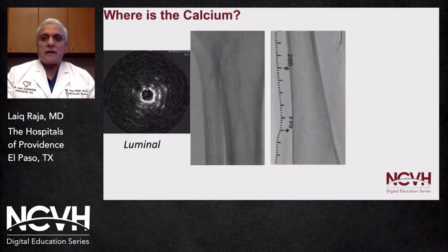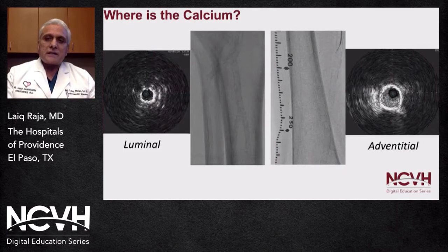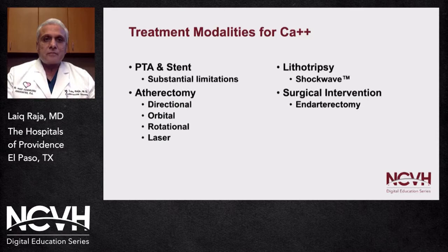Now, on the other hand, same sort of angiographic looking artery, but when you look at the ultrasound, this is adventitial, and actually it's a very soft plaque, right? So you can't really rely on angiographic or fluoroscopy to tell you where exactly is the calcium.